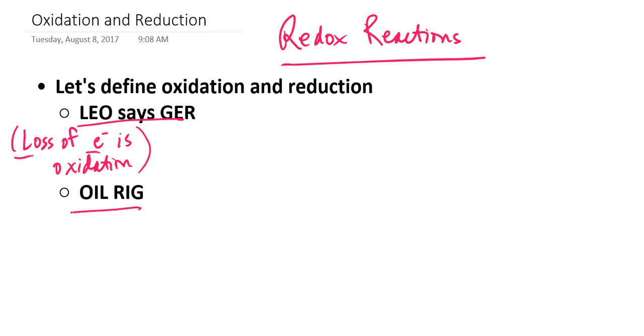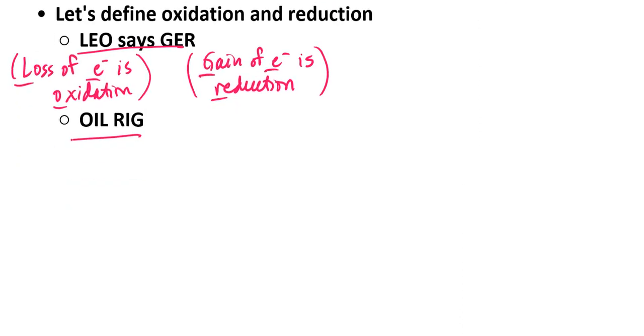Okay, so Leo. And Leo says Ger because the gain of electrons is reduction. So G-E-R, Ger.